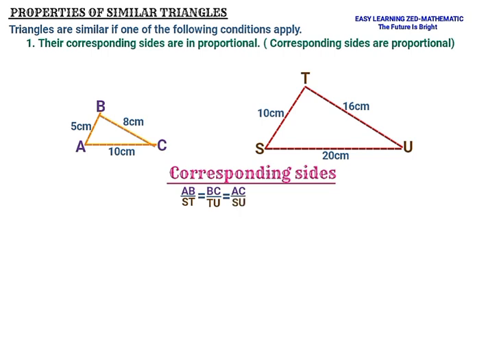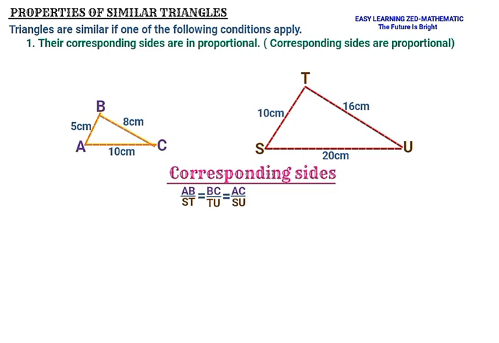As you can see, the sides on top are coming from the smaller triangle, and the sides down are coming from the bigger triangle. So AB is corresponding to ST, BC is corresponding to TU, and AC is corresponding to SU.